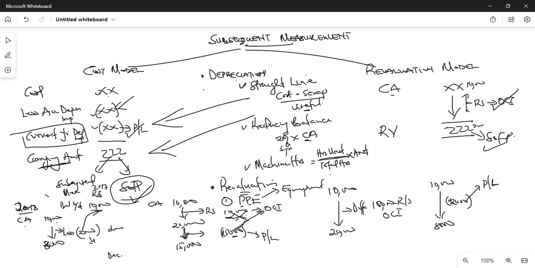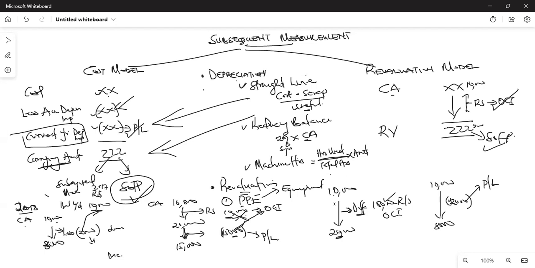All right, what I'm saying is that a positive change, positive 10,000 to 20,000, a positive increase in the value, brought about a revaluation surplus, positive 10,000, it will go to the OCI. If it is a loss, the loss must first be matched with a previous revaluation surplus of the same asset.